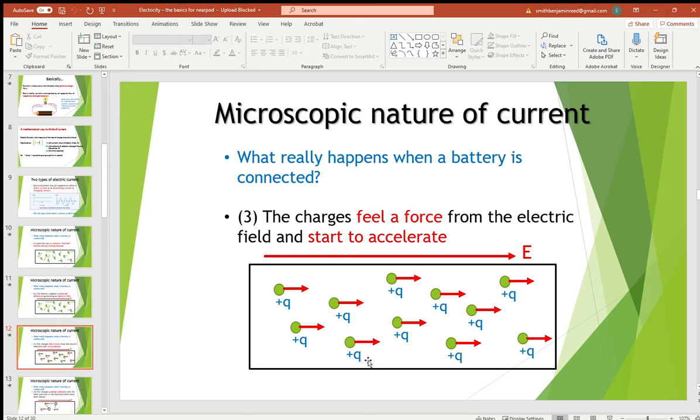The electrons feel that electric field, and they start to accelerate in a specific direction. See how they're all kind of pointed in this direction because that's the direction of the electric field. So this red line represents the electric field, and of course they're all pushed in that direction, or they feel that electric field. So they start to move in that direction.